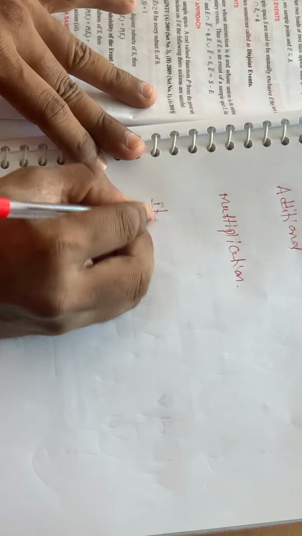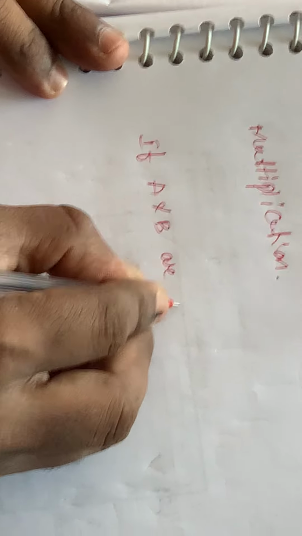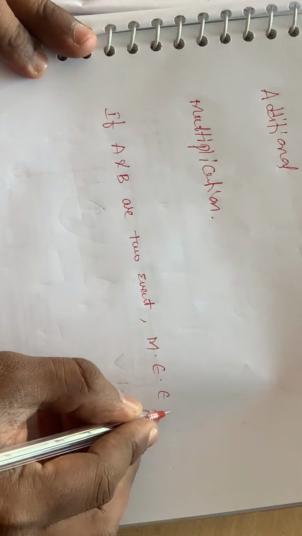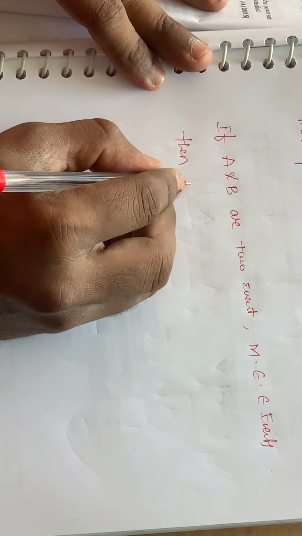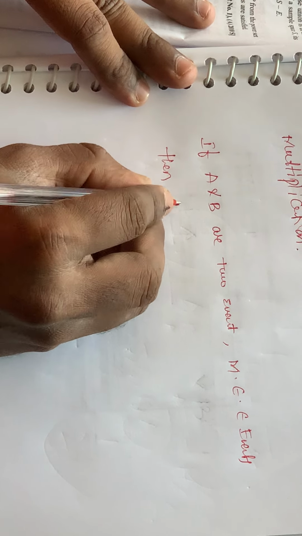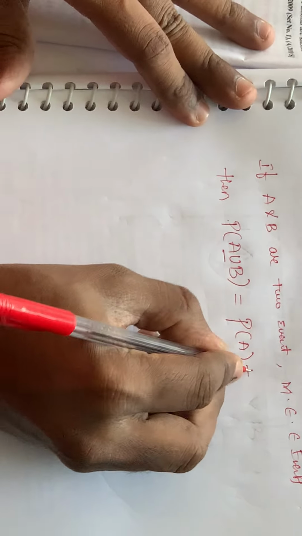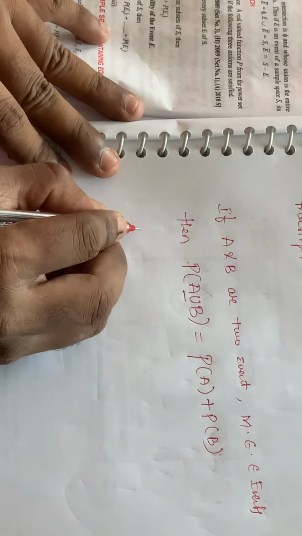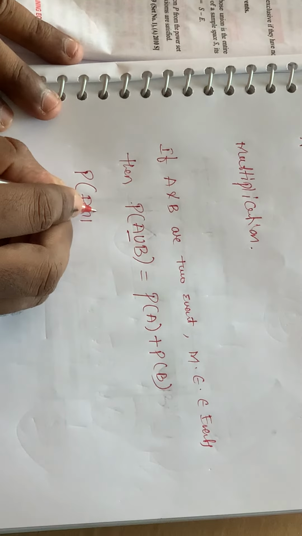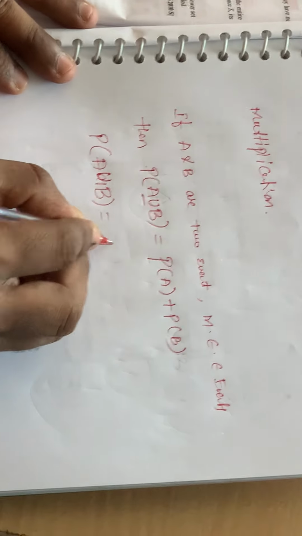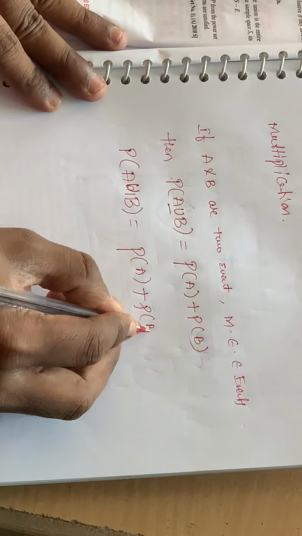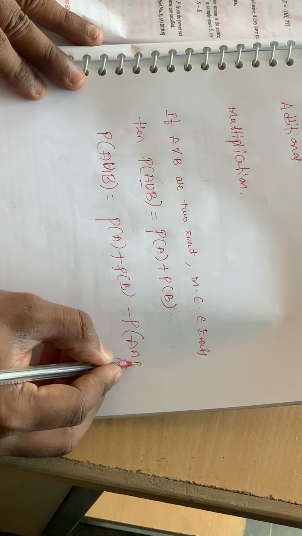Here, if A and B are 2 events, mutually exclusive and exhaustive events, then the sum of the events, that means probability of A union B, sum means union, equals probability of A plus probability of B. Next, if they are non-mutually exclusive events, then the formula is probability of A union B equals probability of A plus probability of B minus probability of A intersection B, right?